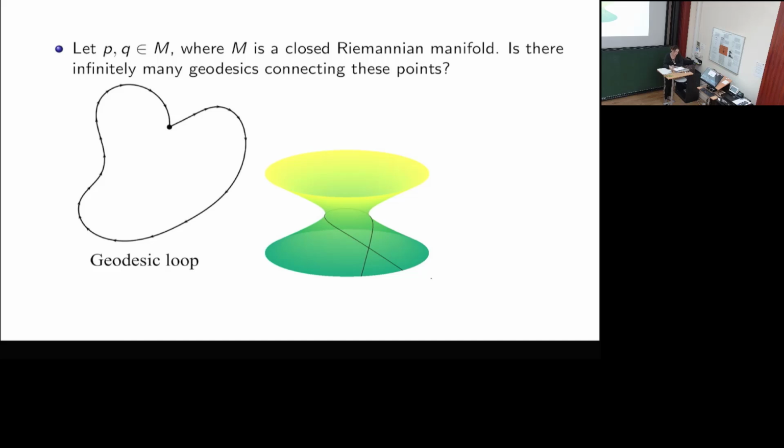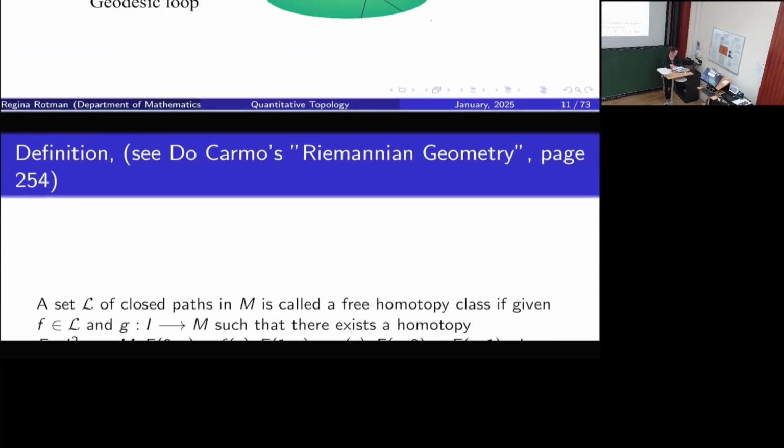Is it true in general? Now, if you make those 2 points equal, if P equals Q, then your geodesics become geodesic loops. Here you have an example of a geodesic loop, and you can ask a similar question.